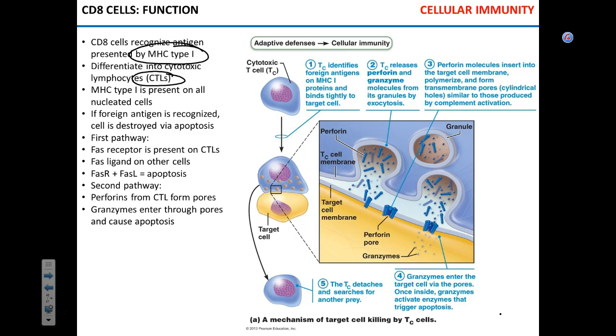Does that make sense? Now, how do they kill it? They do not phagocytose. We have two cell types, which way of killing pathogens is phagocytosis. They are macrophages and kamikazes, neutrophils. Okay, those two. CD8 don't phagocytose. What it does instead, one way is Fas ligand, Fas receptor.